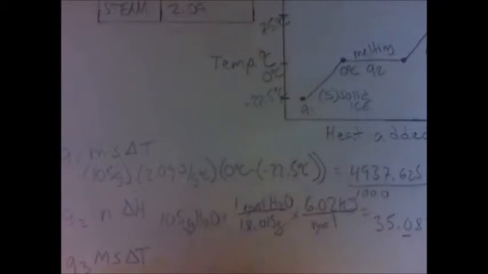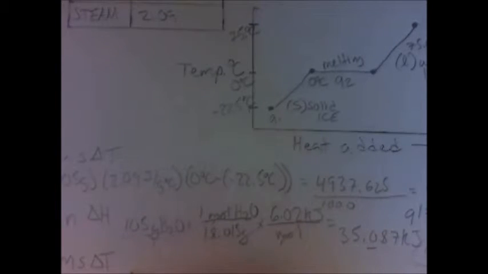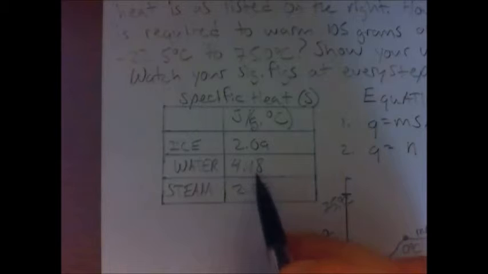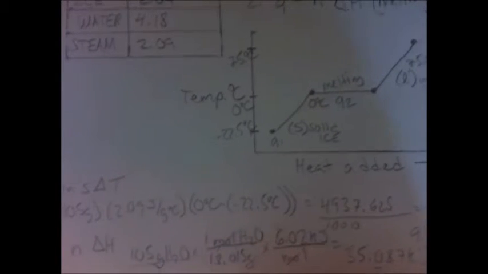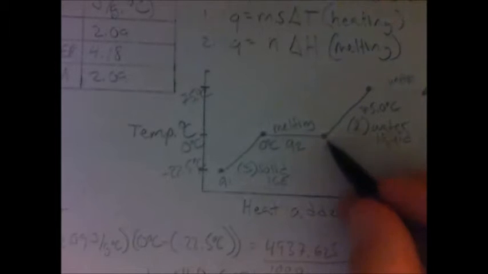This time we'll use 105 grams. And then we'll use the specific heat of water, 4.18, and that will be joules over grams Celsius. We'll need to convert that later. And then we'll have the higher value of 75 degrees Celsius, which is our goal, and 0 degrees Celsius is where we're at this point.